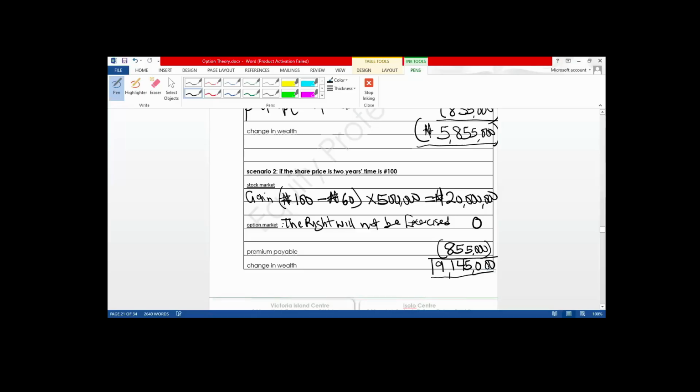The investor's wealth will increase by 19 million, 145,000.